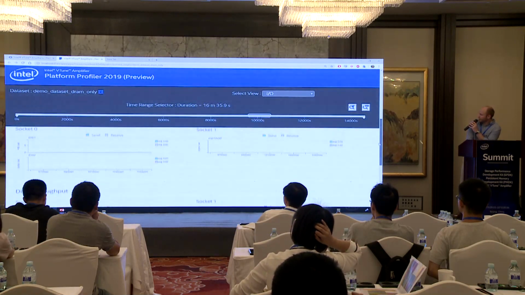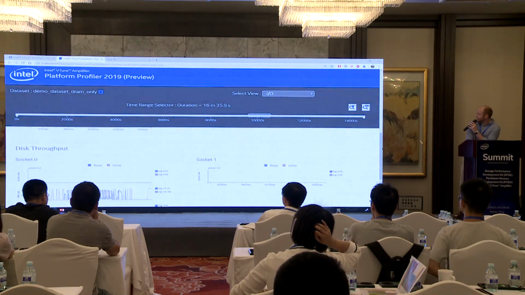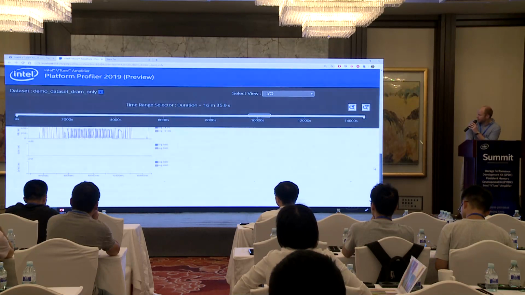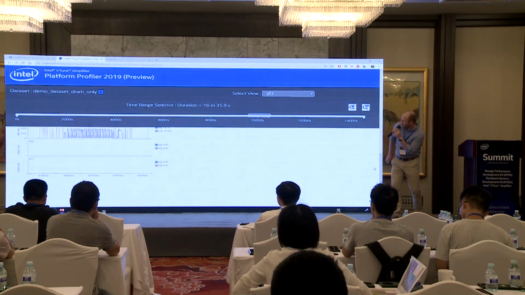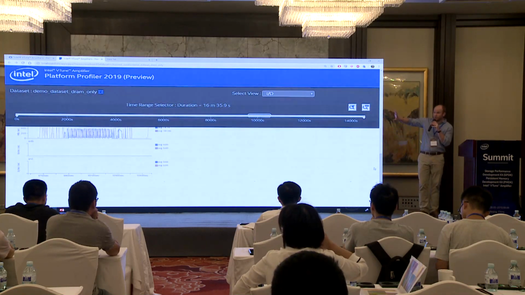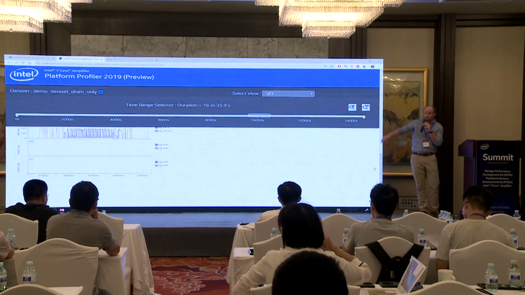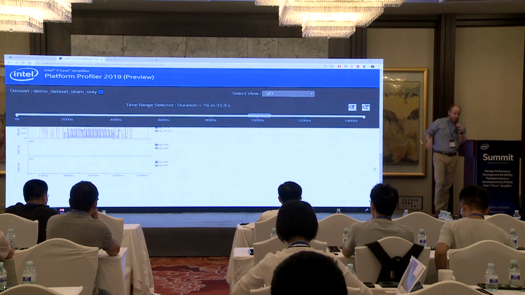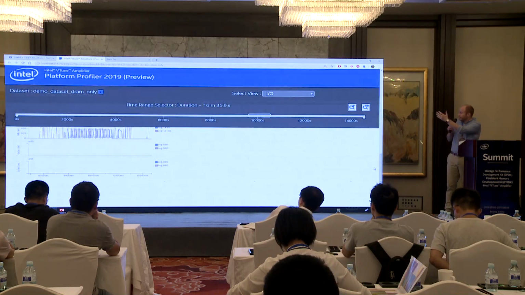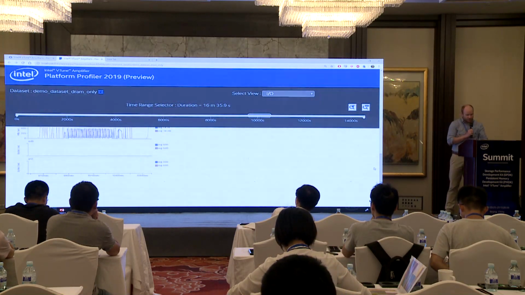So now we're seeing some of the devices that are attached to our system. We're seeing disk throughput, and there's network statistics as well. It's hard for me to see exactly what's displayed way over there. But this tool is included with VTune. So if you download VTune for free and install Platform Profiler, you can deploy it on your machines. And from there, you'll be able to analyze the applications just like I've been showing here.